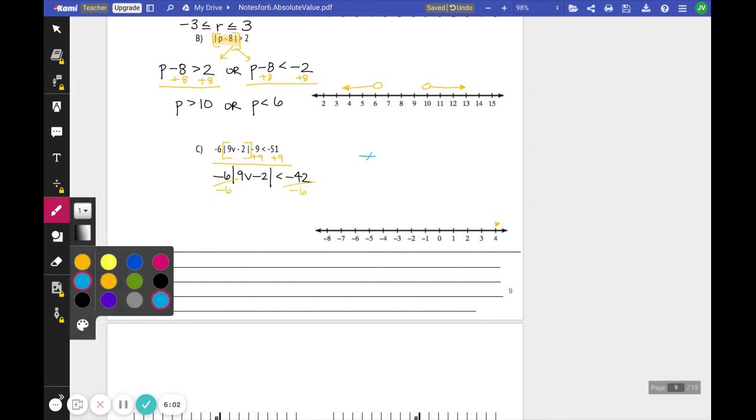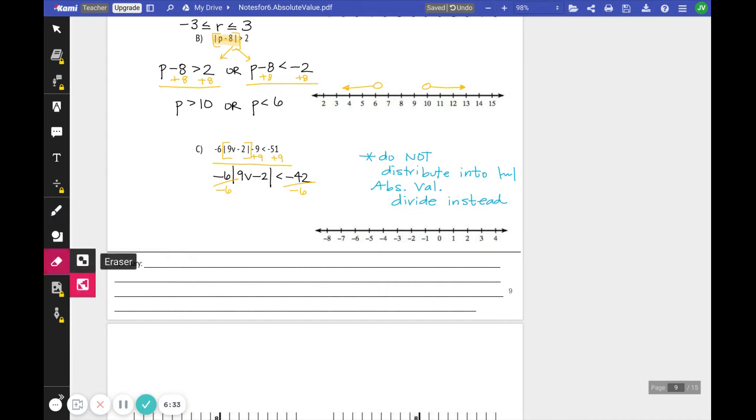Let's write that. Do not. Instead, divide. And so we cannot bring that -6 in.